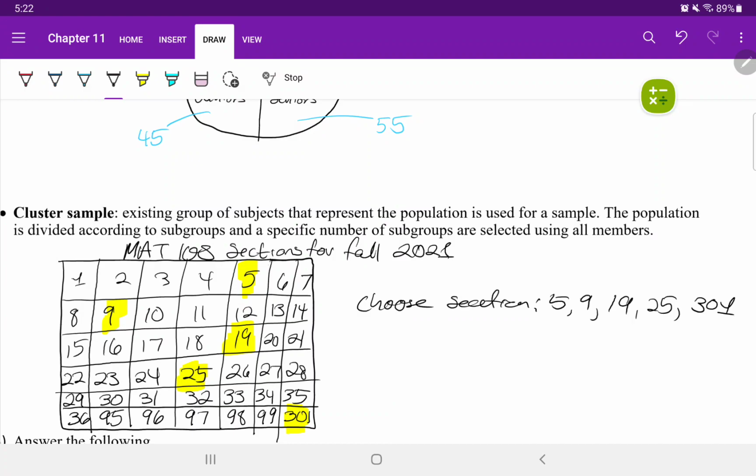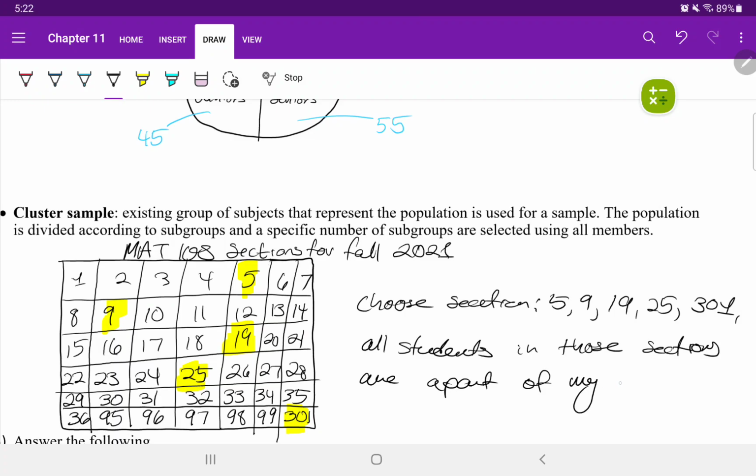Now, when I choose those 5 sections at random, all students in those sections are a part of my study.